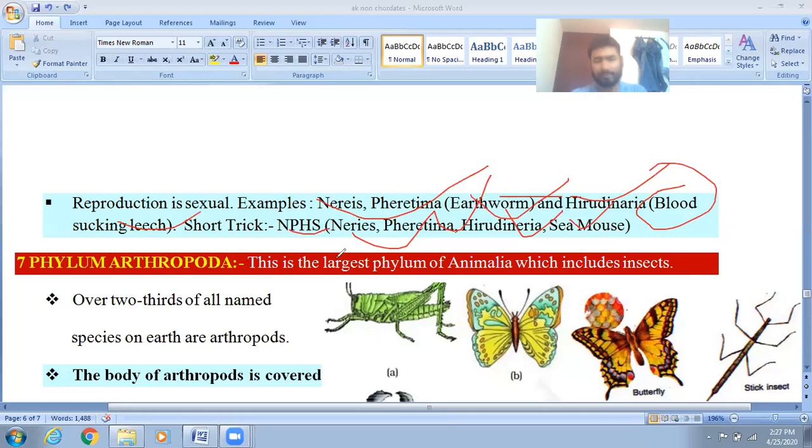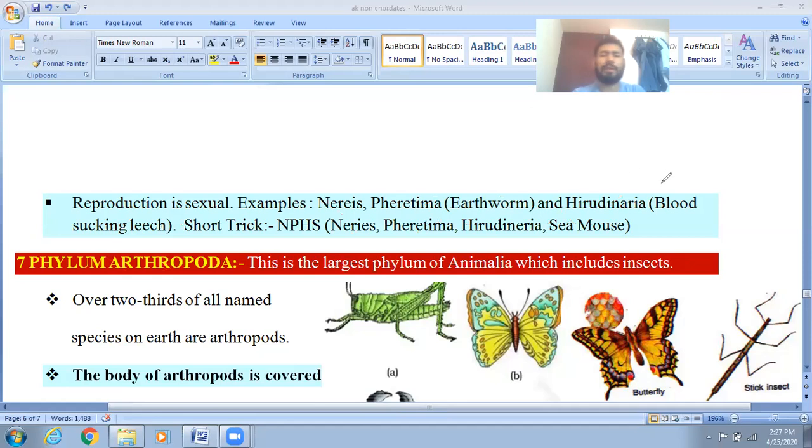Next phylum they have given is Arthropoda. Arthro means jointed, poda means appendages. So they have jointed appendages. This is a very important characteristic of Arthropoda. Also, their body has an exoskeleton made up of chitin.